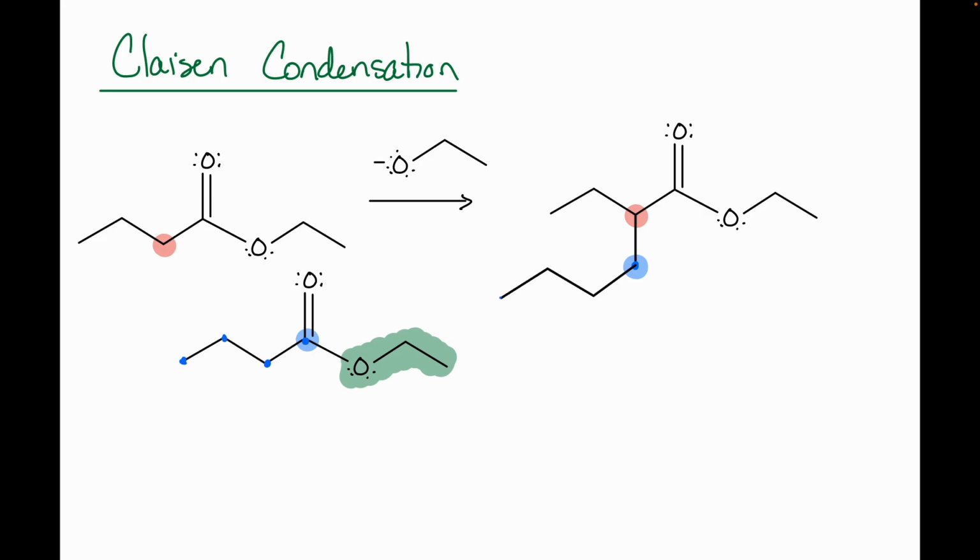Here are the other 3, so here's my 4 carbons total. And that oxygen on that electrophilic carbon, the difference in a Claisen is that it's reformed as a carbonyl, a carbon-oxygen double bond. So here's my Claisen condensation product.